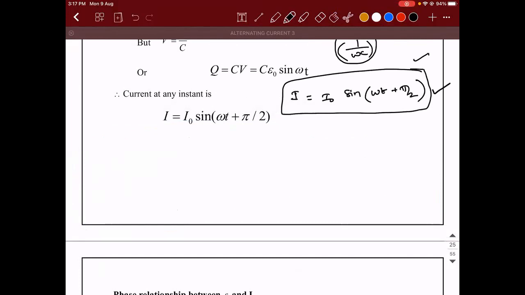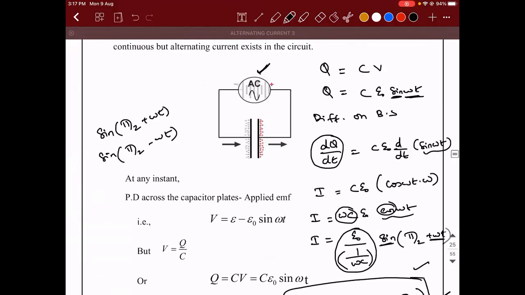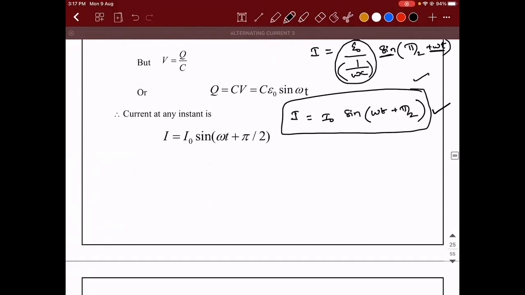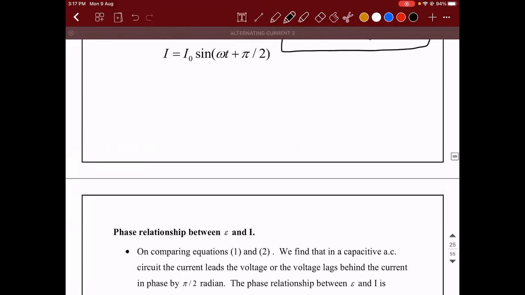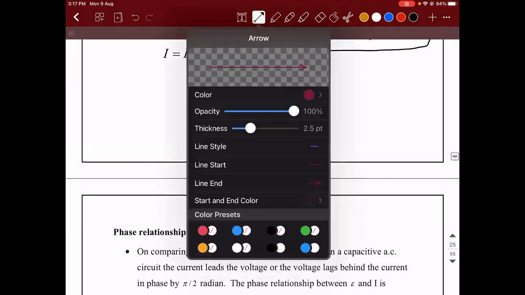So the value of current that comes out is I equals I naught sine of omega t plus pi by 2, when the input EMF that we give is E naught sine omega t.